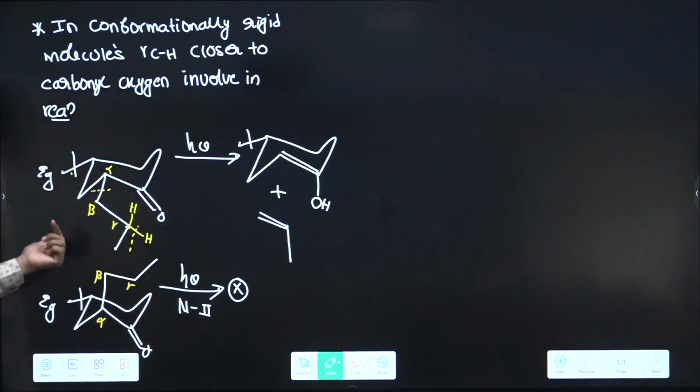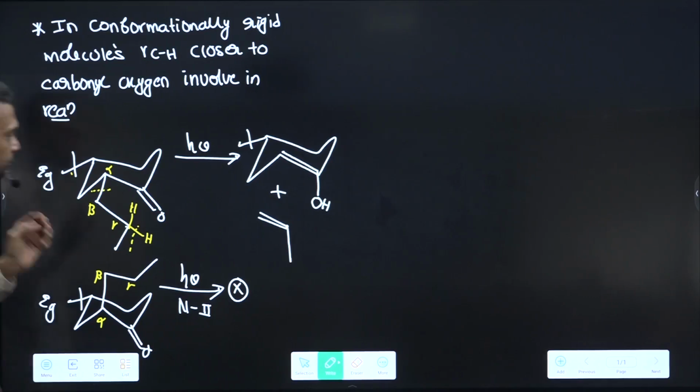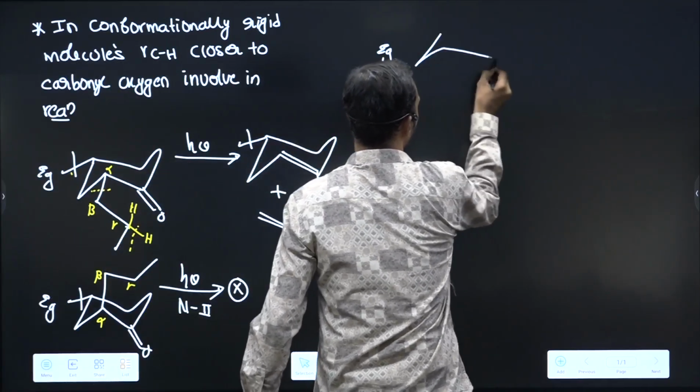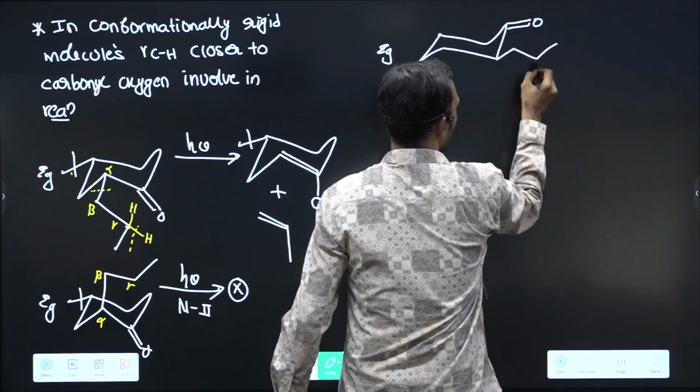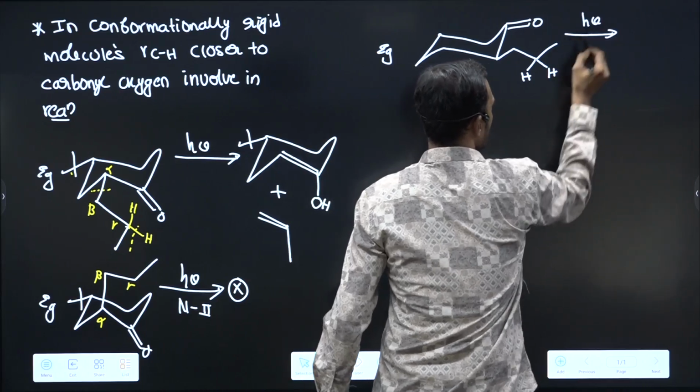In a rigid conformer, Norrish type 2 is possible only when gamma carbon hydrogen is very close to carbonyl oxygen. So use this and give the answer.